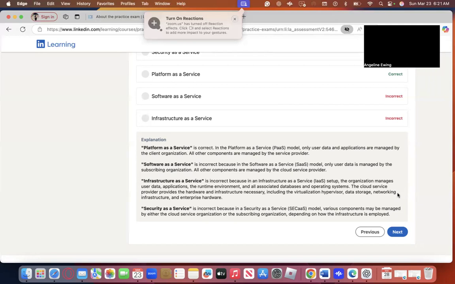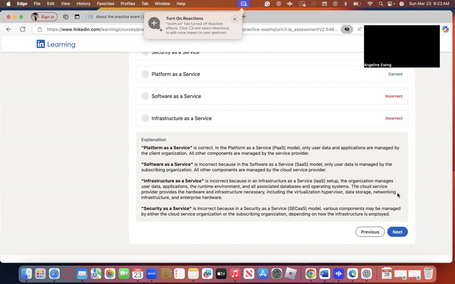On the other hand, in the software as a service model, only user data is managed by the subscribing organization. All other components are managed by the cloud service provider. In an infrastructure as a service setup, the organization manages user data, applications, the runtime environment, and all associated database and operating system.